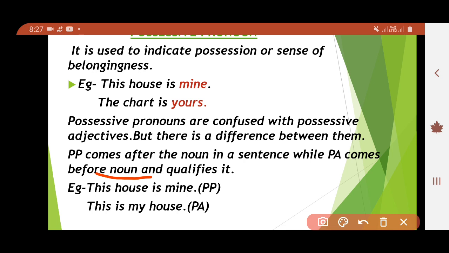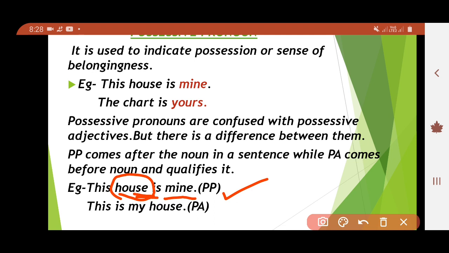That means it shows the nature of the noun. Let us look at the example, then we will be more clear about the difference. This house is mine. That means we are using possessive pronoun here. As I have told you, possessive pronoun comes after the noun in a sentence, yes or no? So this is the noun here and the possessive pronoun we are using is coming after this noun.